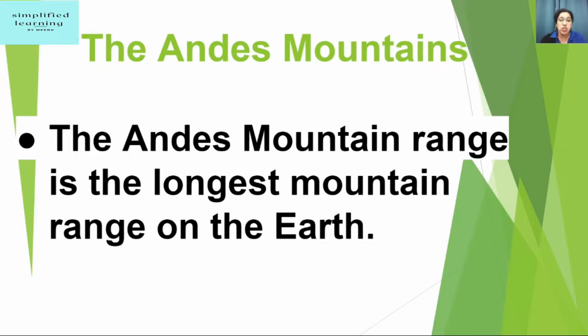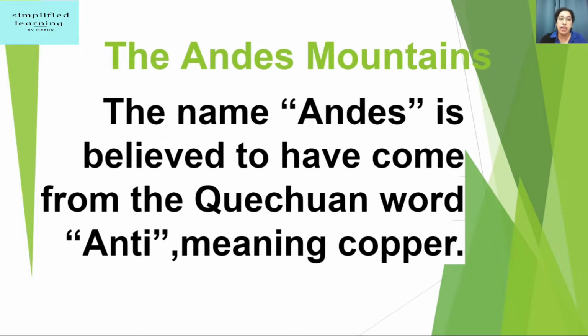In Spanish, this mountain range is also often referred to as the Andean Cordilleras. The name Andes is believed to have come from the Quechan word anti, meaning copper. So, the Andes Mountains are a storehouse of mineral wealth.